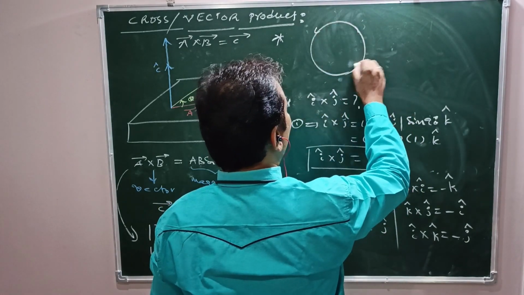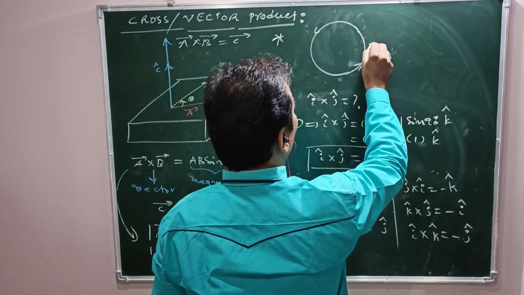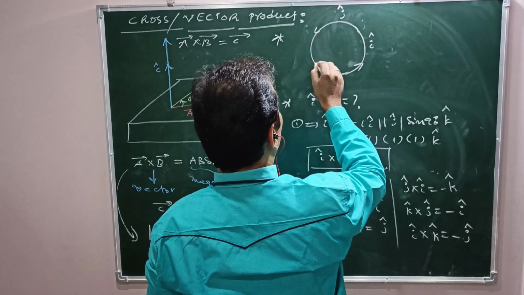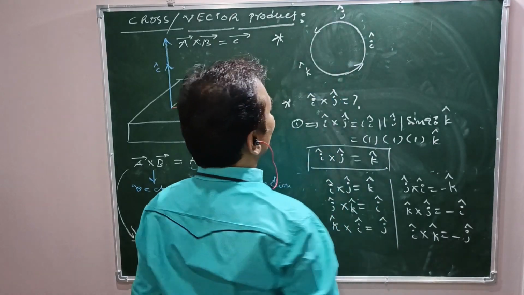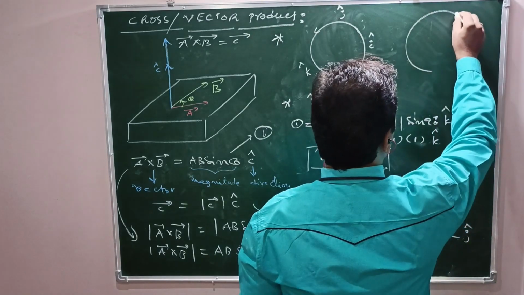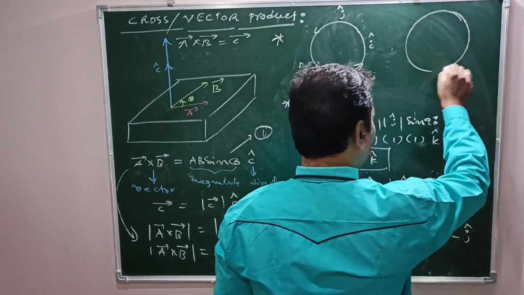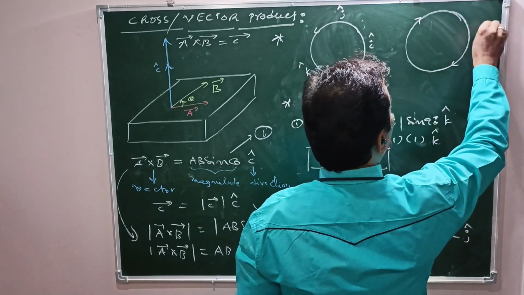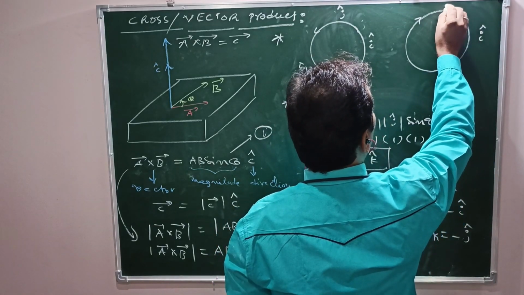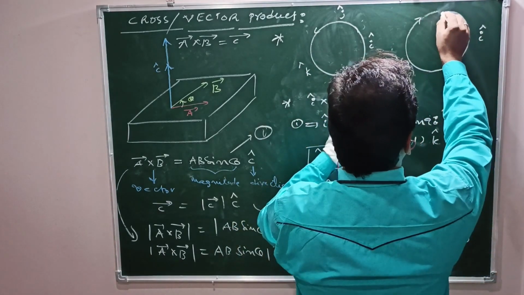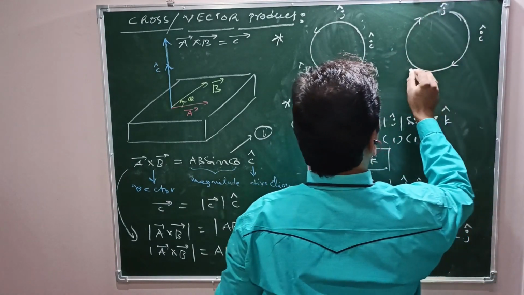Here one circle, I am taking anti-clockwise sense, that is here i cap, here j cap, here k cap. Here clockwise sense, same i cap, here j cap, here k cap.